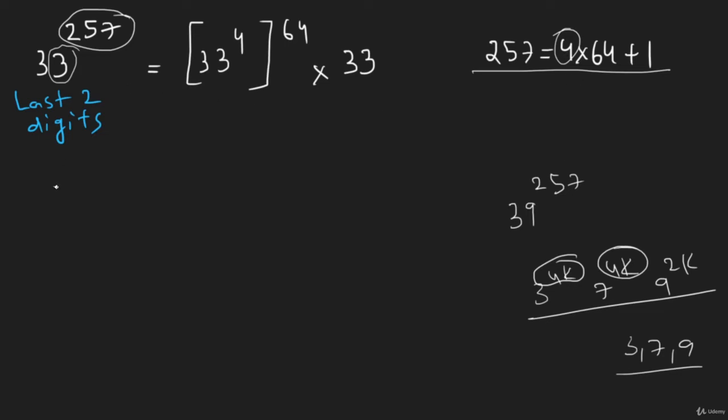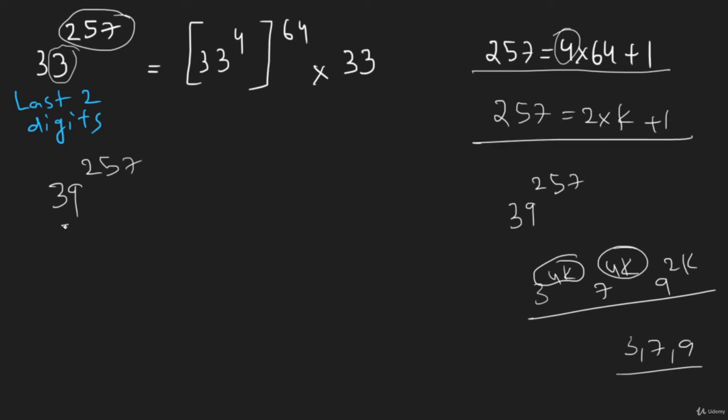If this question was, again let me repeat, 39 to the power 257, you would have written 257 as 2 into something plus 1, right? Because in the case of 9 we have 2k over here, so you have to take 2 over here. Alright, let's move on.